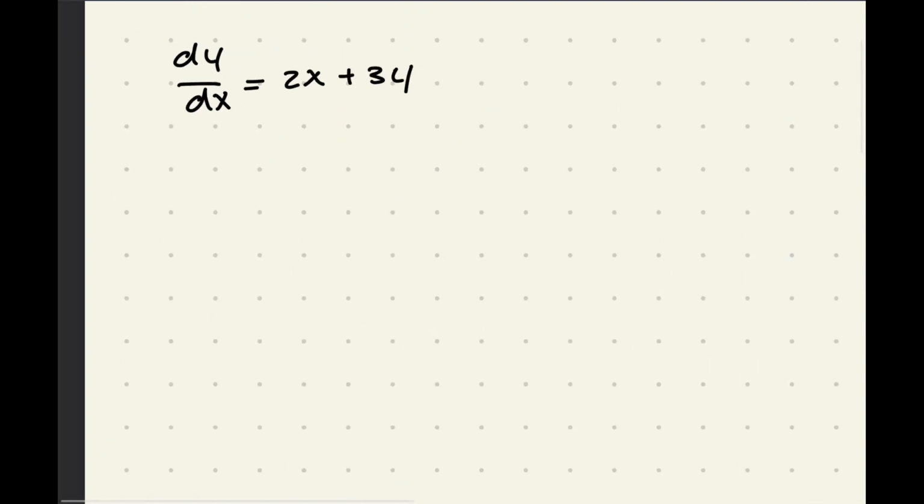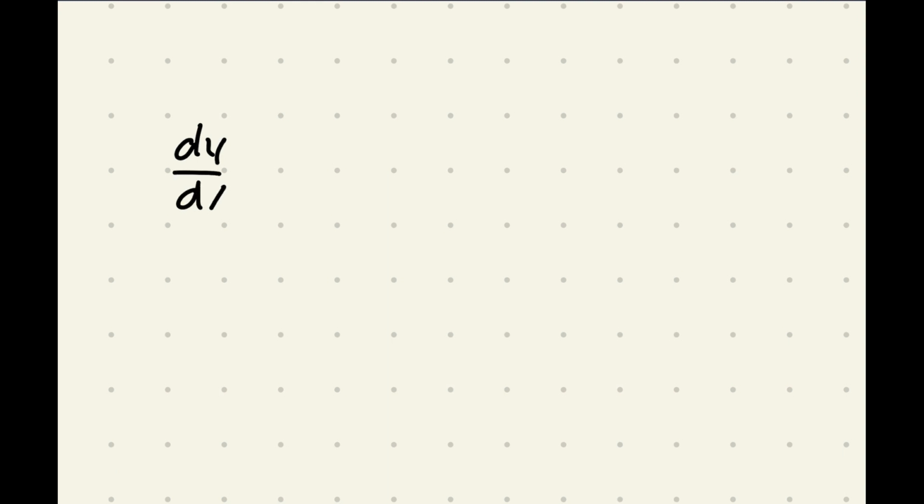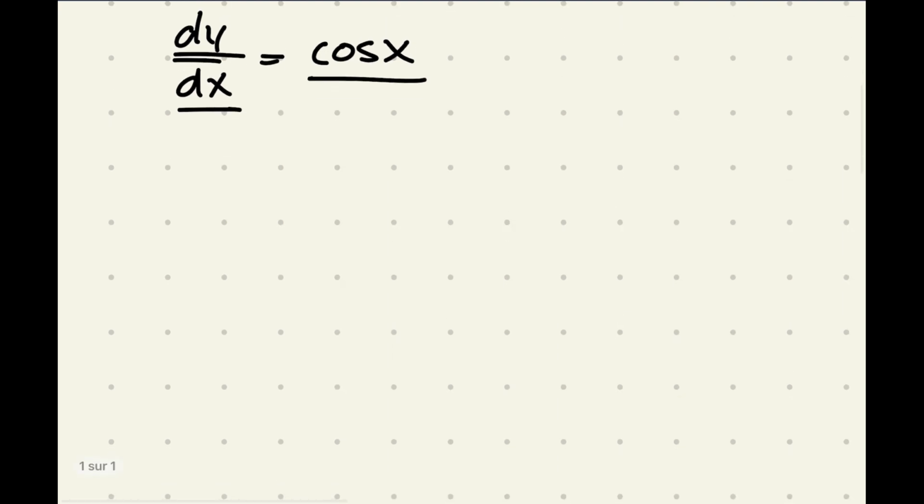Now, to be able to solve an equation like this, we will take this example right here: dy over dx equals cosine of x. What we first need to do is isolate the x terms with the x terms and the y terms with the y terms, if there's multiple y terms.